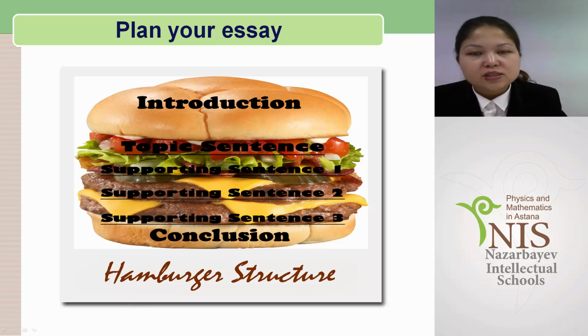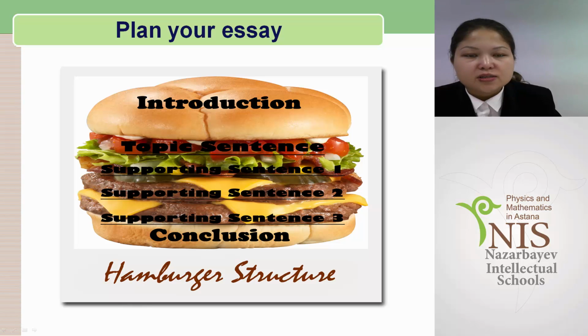The top part is the introduction. The next layer is the topic sentence. The third is supporting sentence 1, supporting sentence 2, supporting sentence 3, and conclusion. So all these layers form the structure of a good essay.